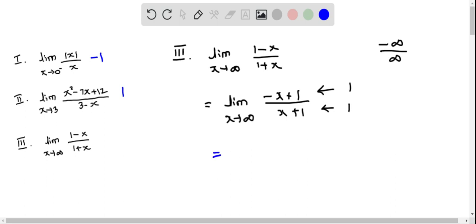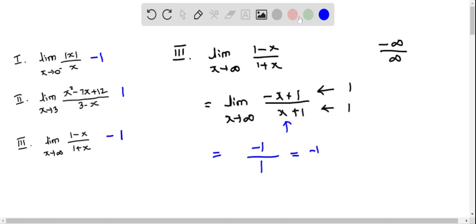So this is equivalent to negative 1 over the coefficient of x in the denominator, which is positive 1. So we take only the coefficients and we do the division like this. So therefore this becomes negative 1 over 1 equals negative 1. So the value of this limit is negative 1.